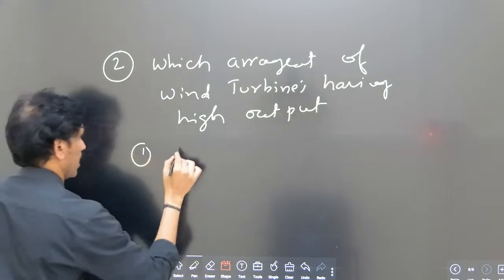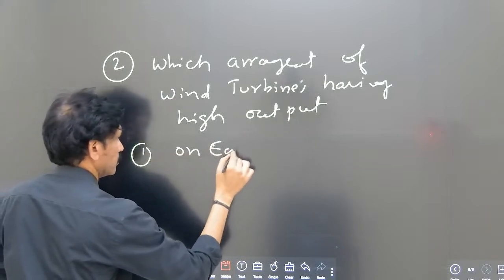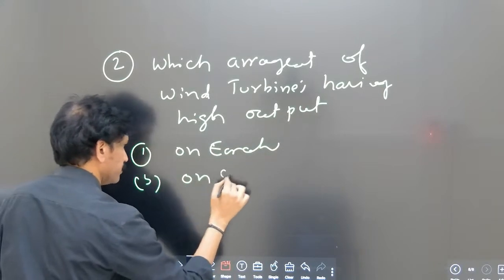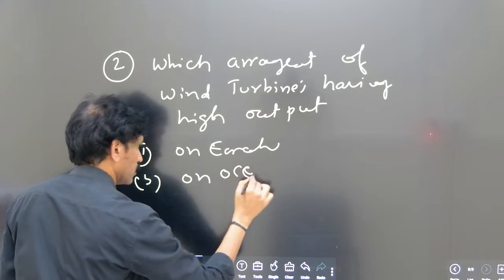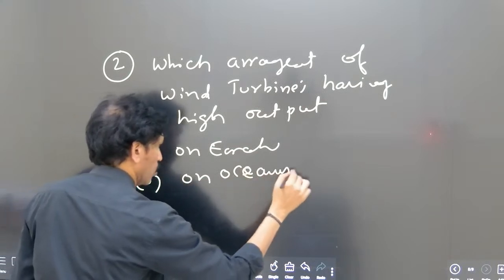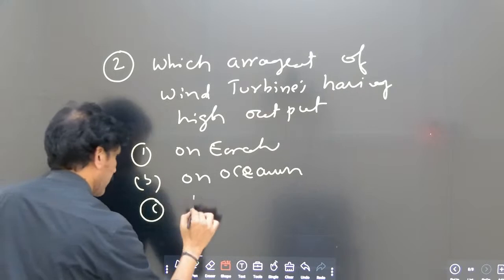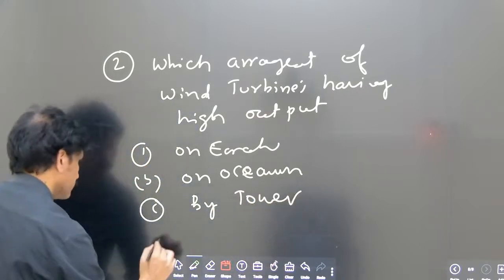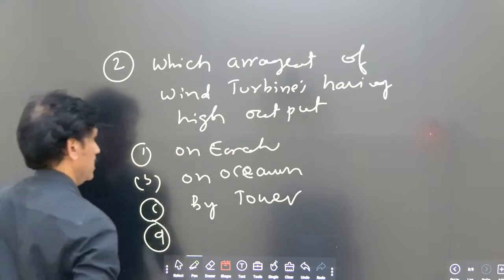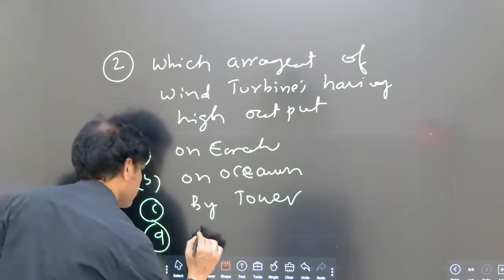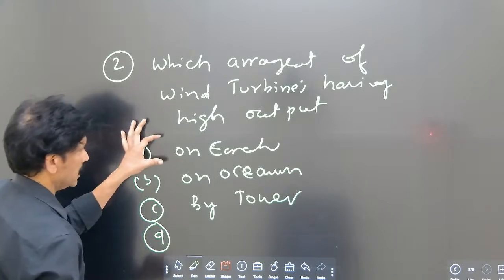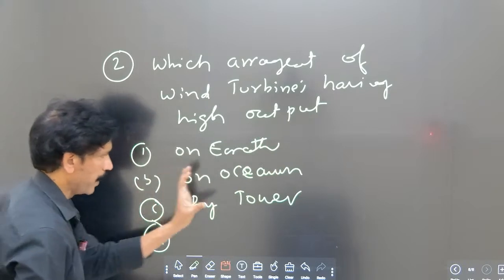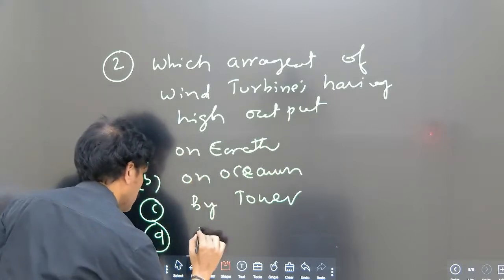Number 1, on earth, on ocean, by tower, C, group of towers. On earth, on ocean, by tower, by horizontal tower.